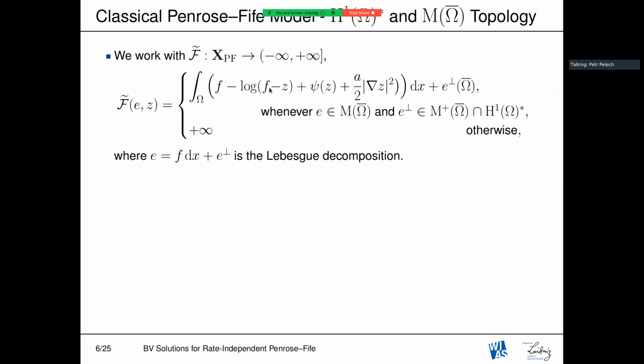Because the logarithm is plus infinity at minus infinity, it has a singularity. Minus infinity is completely excluded, but F minus this logarithm has linear growth at plus infinity. So the measures can concentrate only at plus infinity. So only non-negative measures are allowed here.